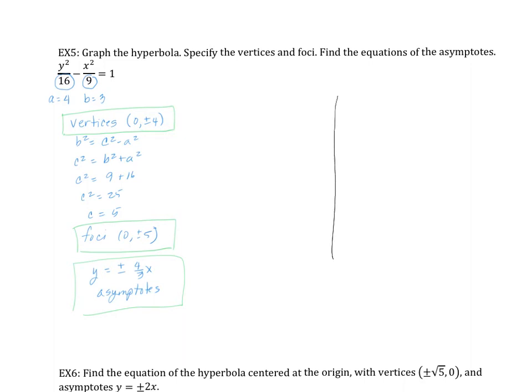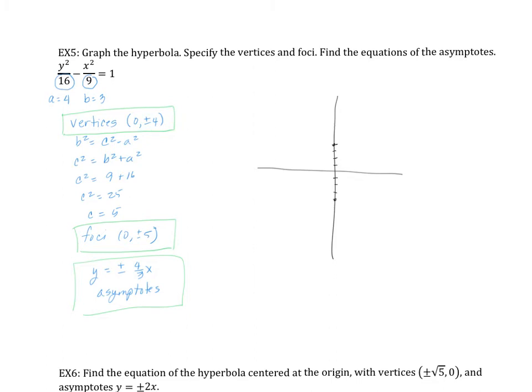So let me just sketch my graph. To help us with our graph, we're going to mark off our a and our b values, and draw ourselves a little box, and that's where our asymptotes will pass through. So our a value is 4, and it's on the y-axis, so we're going to go up and down 4. 1, 2, 3, 4. Down 1, 2, 3, 4.